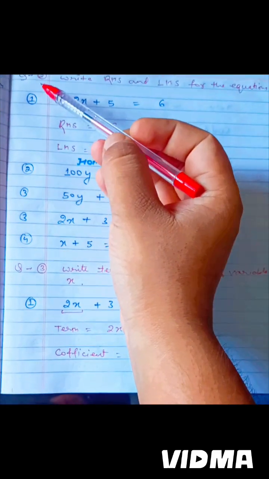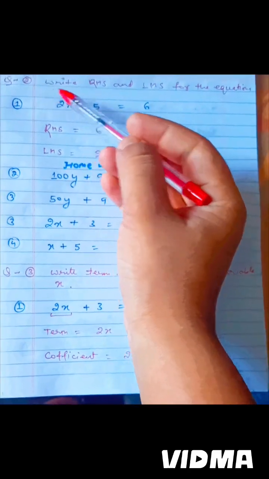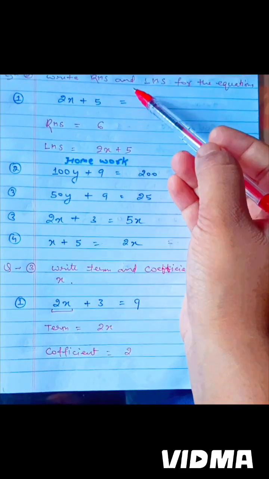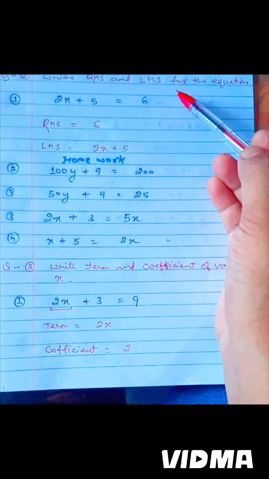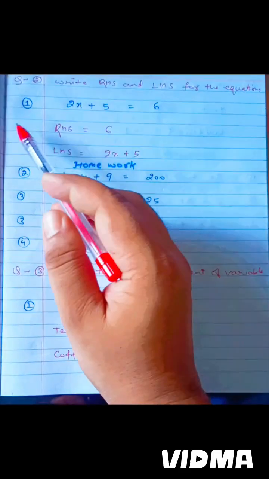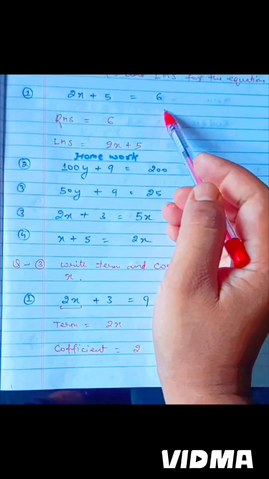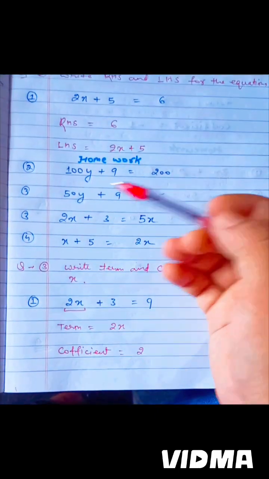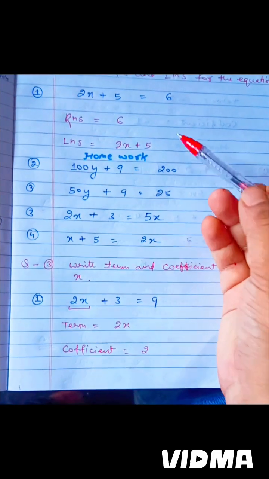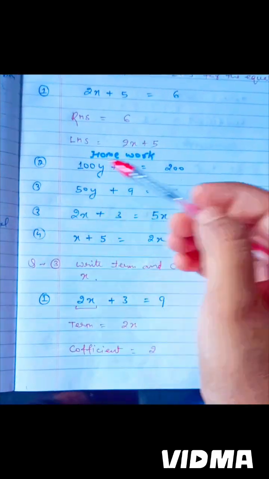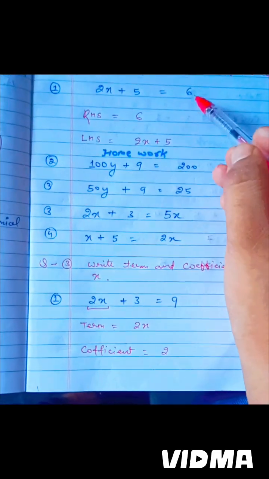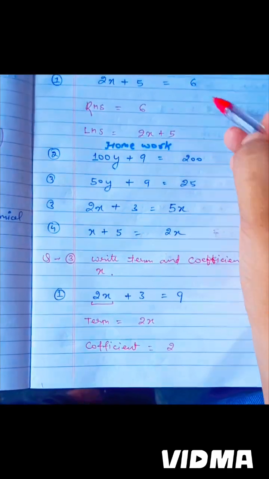A second type of question is like: write the right hand side and LHS, left hand side, for these equations. Example 1, 2x plus 5 equals 6. As considered before when we learned about the right hand side and left hand side, you see the quantity on the right is the right hand side.